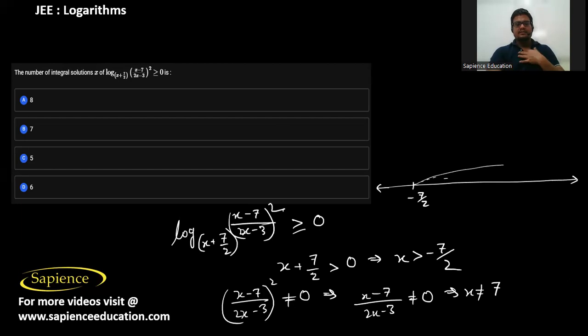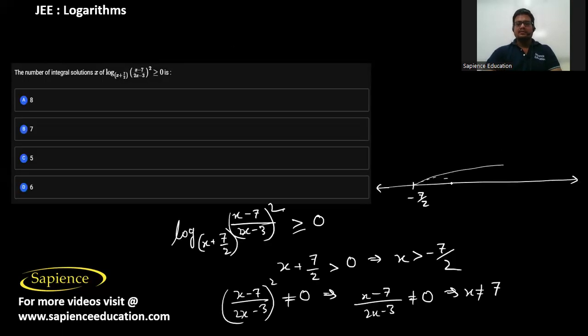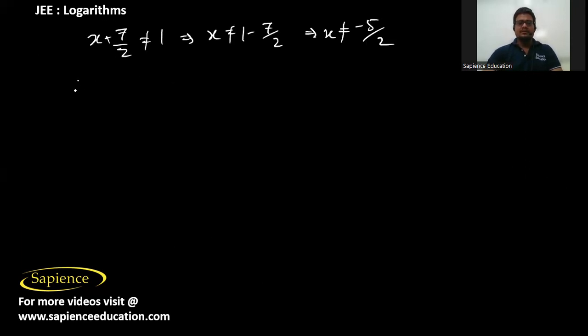So the set is minus 7 by 2 to infinity, excluding 7 and minus 5 by 2.